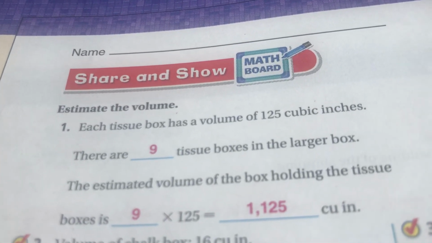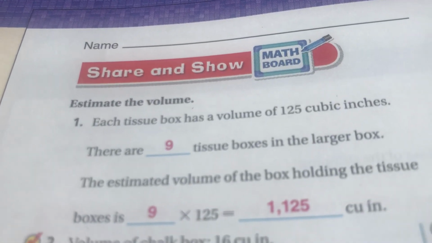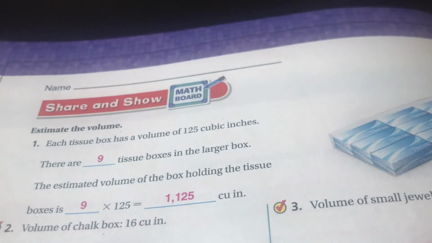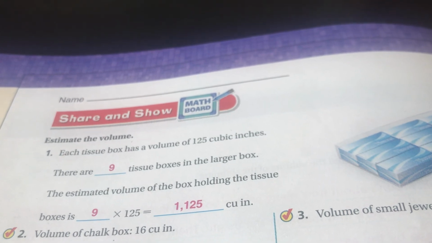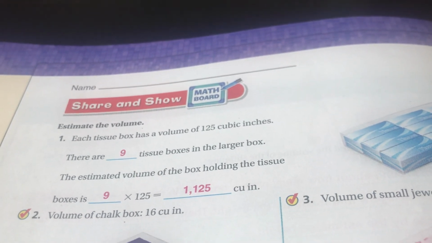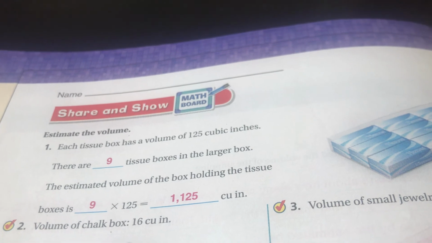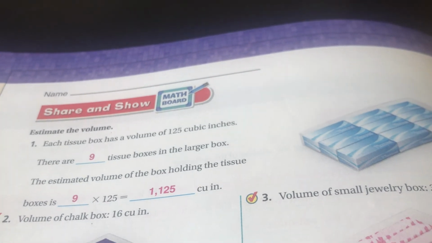Okay, so you're going to do that for the following problems in this lesson. You are going to count however many boxes there are, and then multiply it by the volume of each of those boxes. Take your time when you're counting the pictures out. They are not the best.